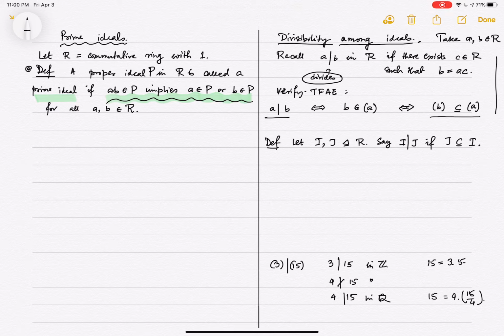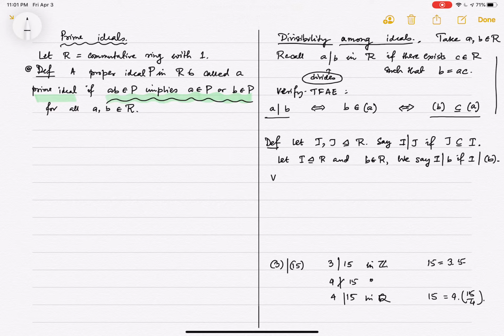If you have an element and an ideal, let I be an ideal and b be an element, we say I divides b, the element b, if it divides the ideal generated by b. And this is a transition that you have to get used to. Whenever we apply these ideal notions to an element, it really means it applies to the principal ideal.